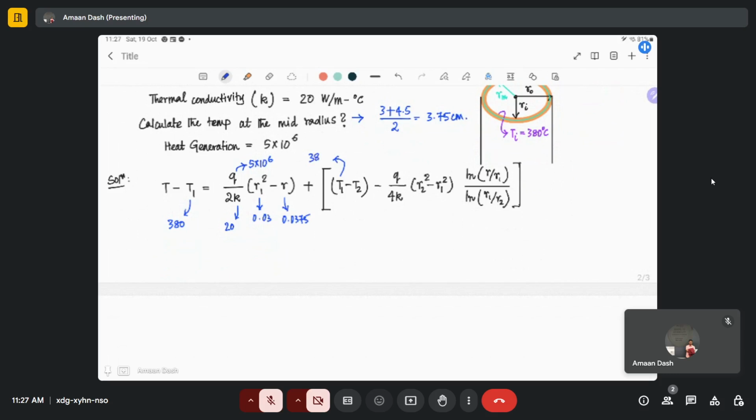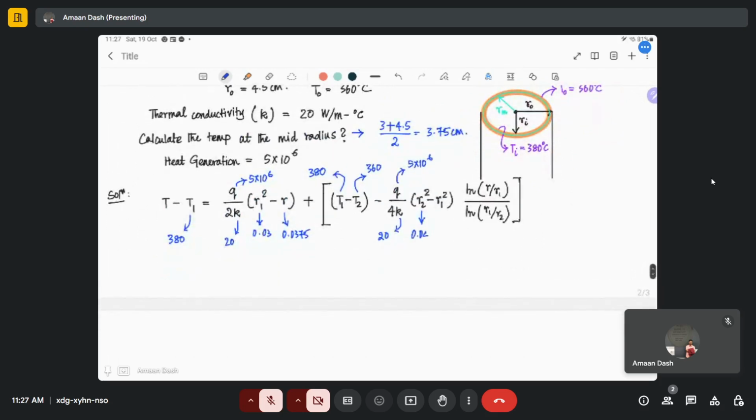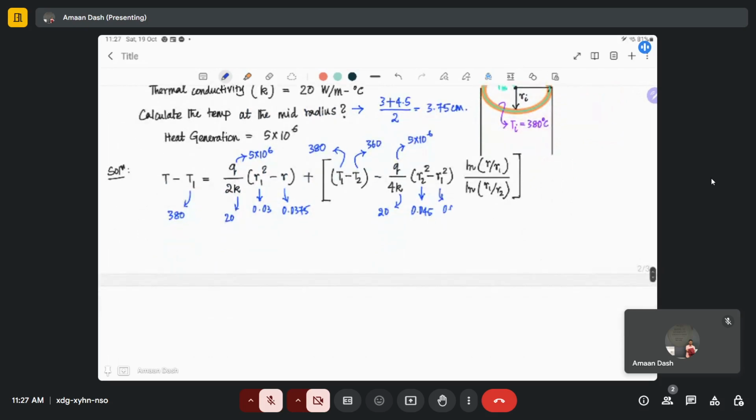This is 380, this is 360, this is 20, R2 is 0.045 and R1 is 0.03.